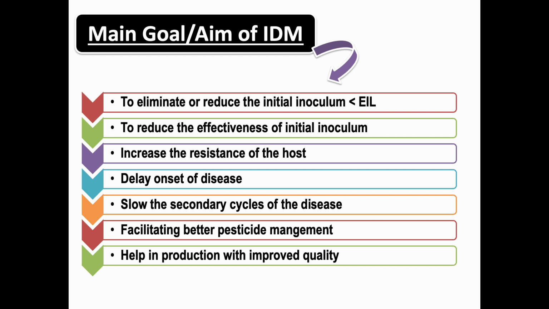The main goals or aims of IDM are as follows. Number one, to eliminate or reduce the initial inoculum below the economic injury level, followed by reducing the effectiveness of the initial inoculum, then increasing the resistance power of the host, delaying the onset of the disease, which is another important point, followed by slowing down the secondary cycle of the disease, then facilitating better pesticide management, and ultimately helping in production with improved quality.